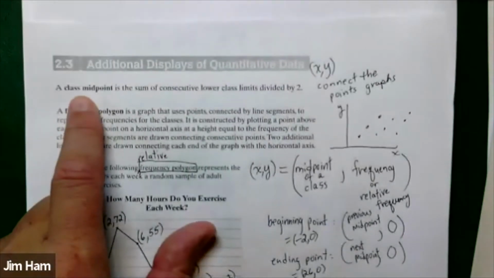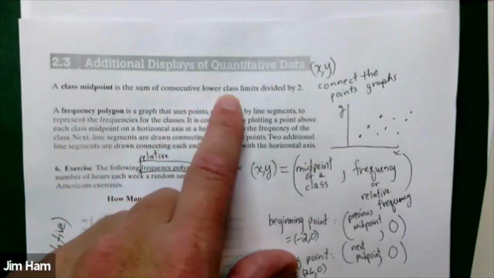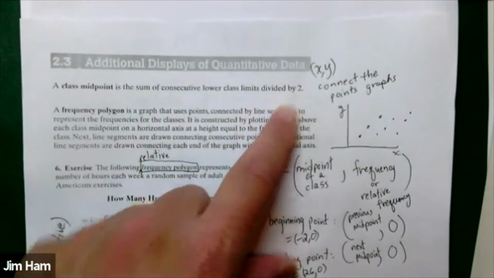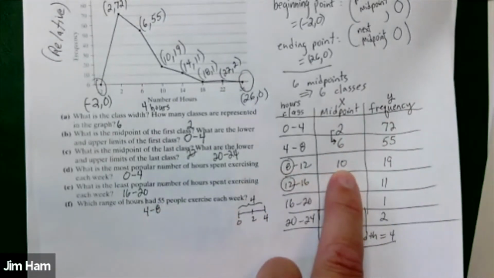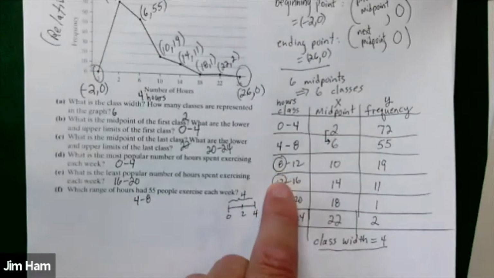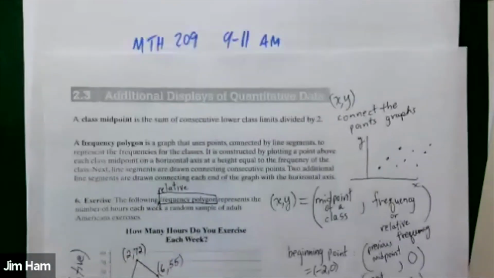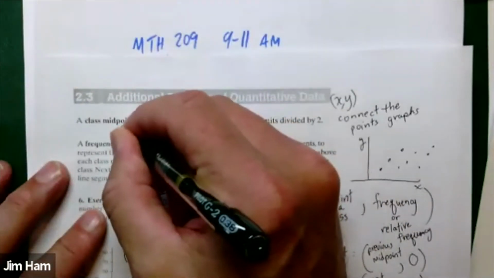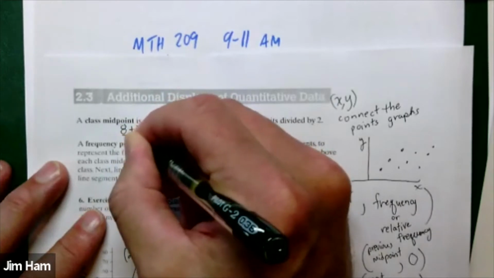Here's how you calculate the midpoint. The class midpoint is the sum of the consecutive lower class limits divided by 2. If you take 8 and 12, and you're wondering what this midpoint is here, you take the lower class limits, add them together, and divide by 2. It's like taking the average. So for a class midpoint, add 8 and 12, and then divide by 2.